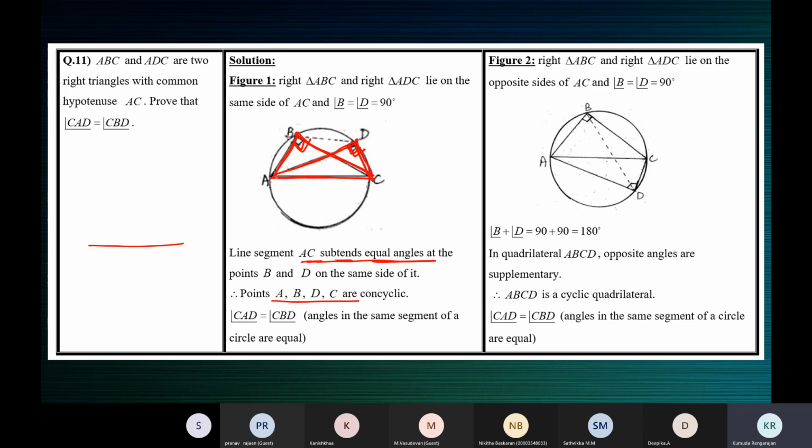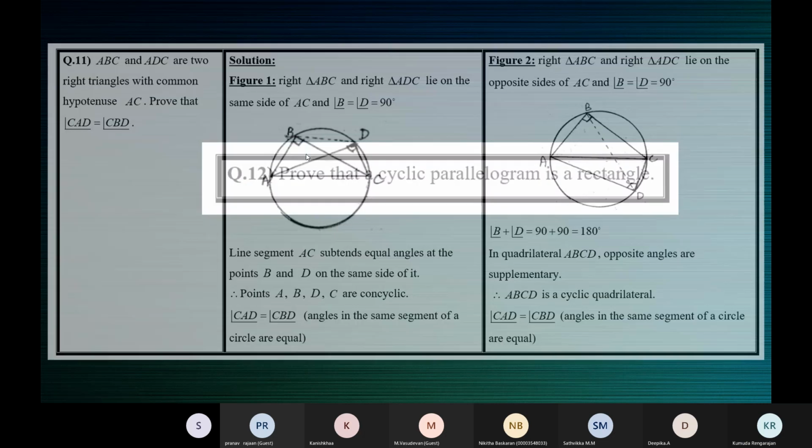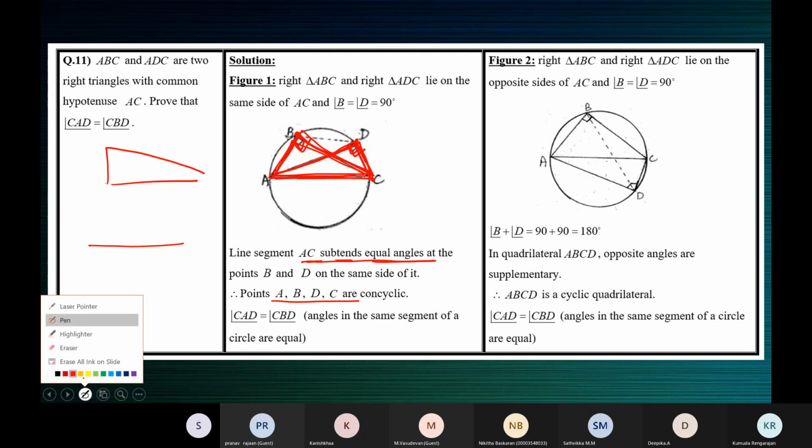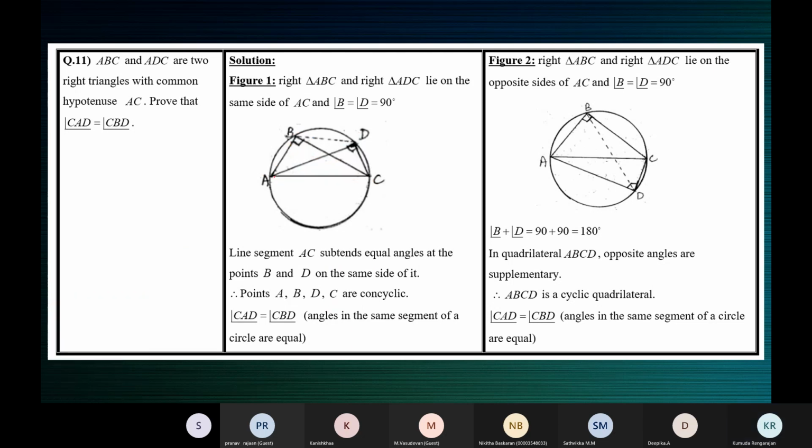And yes, they are satisfied, because this line segment AC subtends two angles, ABC and ADC, both made by AC. Am I audible and clear, children? Yes, ma'am. Okay. ABC is made by AC. AC is here.